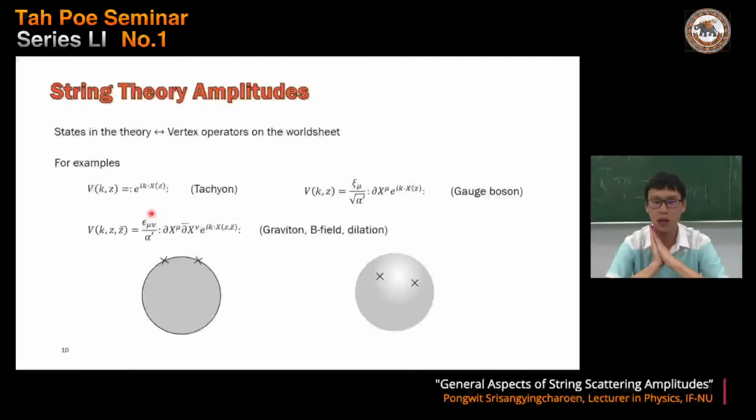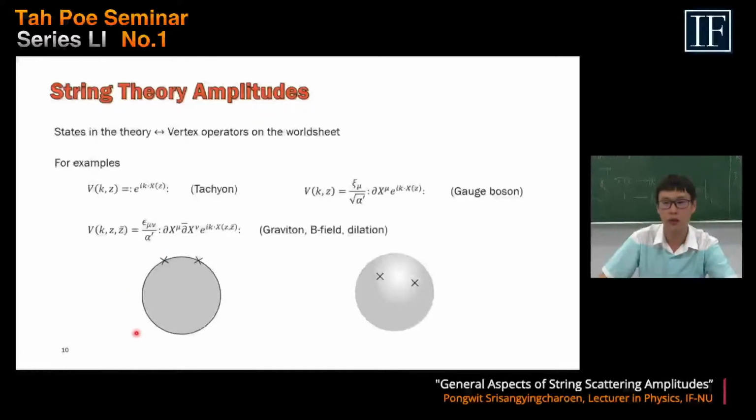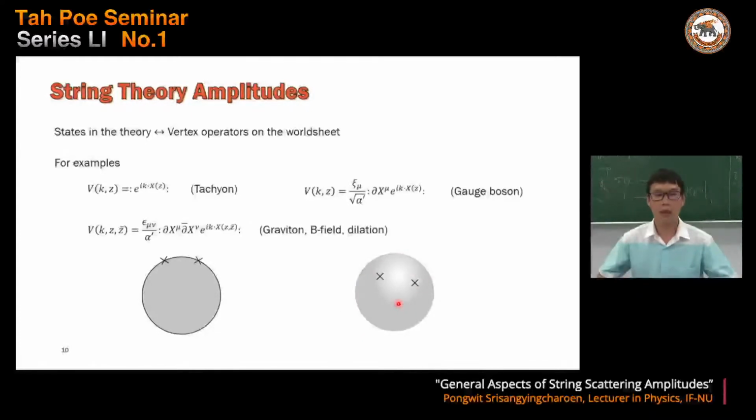If we consider the open string, the vertex operator needs to be inserted on the boundary of the worldsheet, as you can see here. I insert just two, but it can be n of them. And in the closed string, the vertex operator can be inserted in the bulk of this worldsheet.